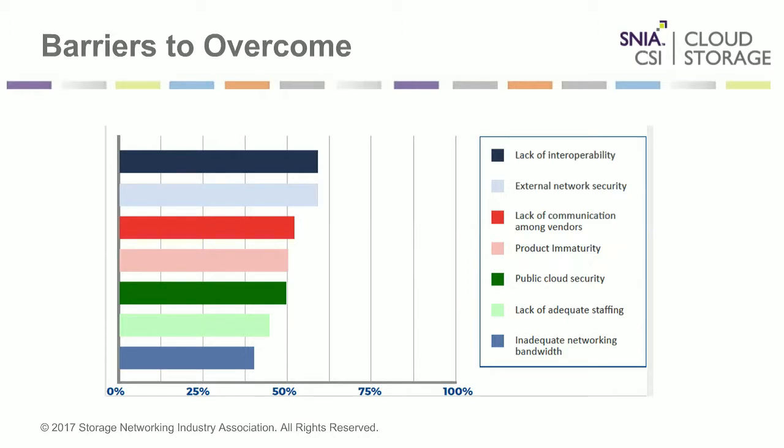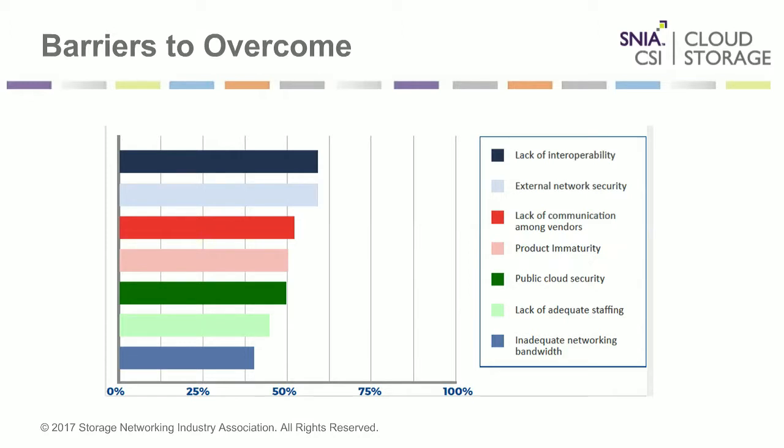So I asked a multiple choice question. I said, here are some possible barriers. Choose all that apply. I started at the top of the list with public cloud security, and then worked my way down. I threw network security in there because I've heard that might actually be an even bigger issue. And I wanted to throw one more in, so at the bottom of the list I included interoperability.